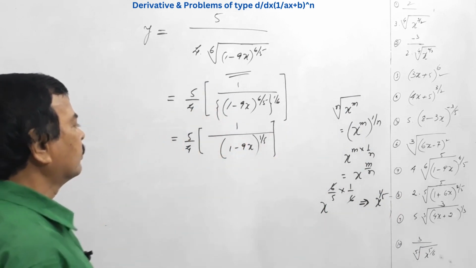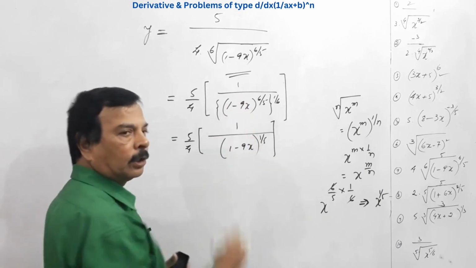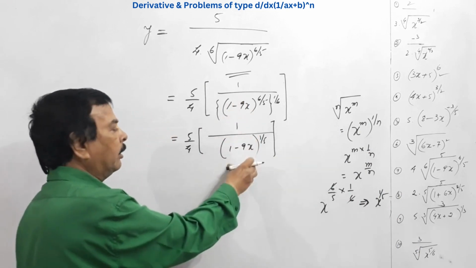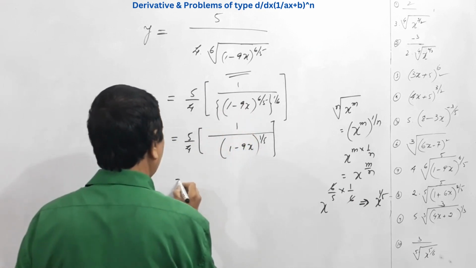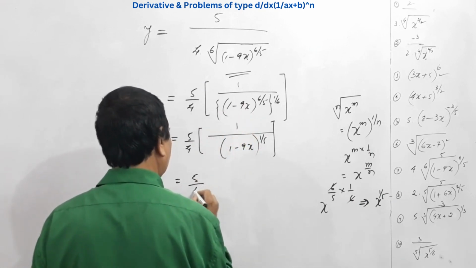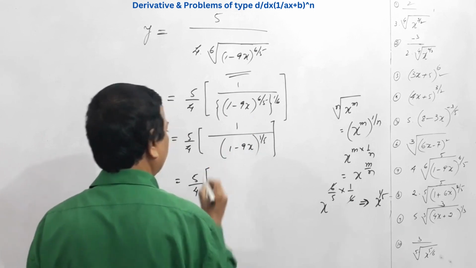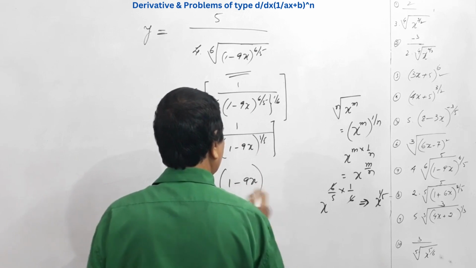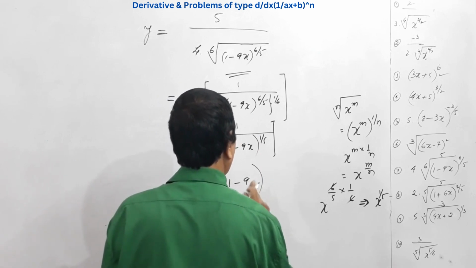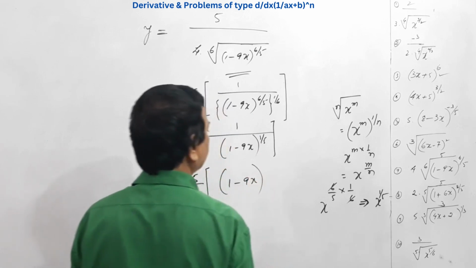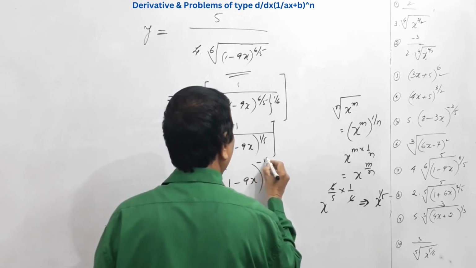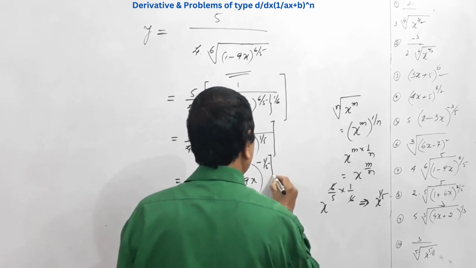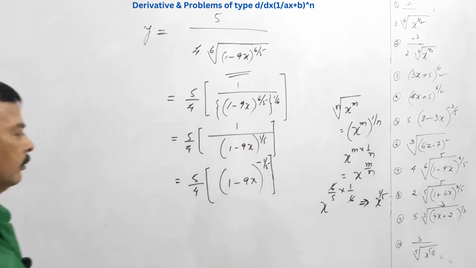Done. So the next step, send the denominator to the numerator, and this becomes 5 by 4 into 1 minus 9x to the power of minus 1 by 5.